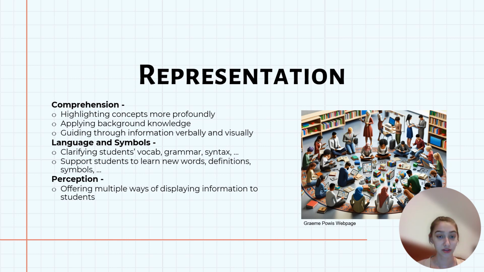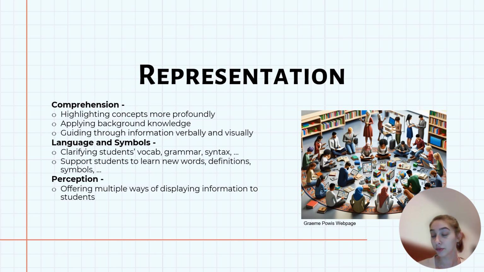Guide our students through the information both verbally and visually for students who either learn better verbally or learn better visually, because you will have a big mix of both of those in any type of classroom.